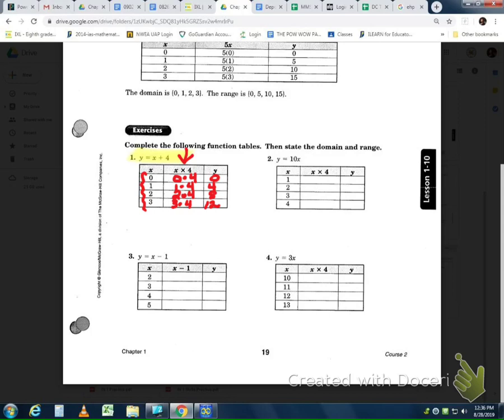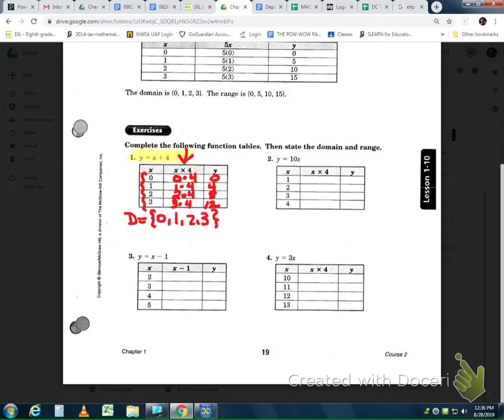Now, Trent, we got to do one more thing. I'm going to say domain, or D. Can you tell me what we would put for the domain? Which numbers were the domain? 0, 1, 2, and 3.